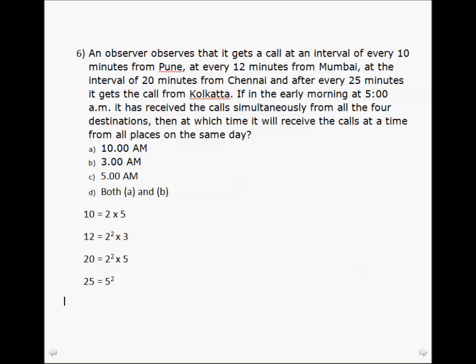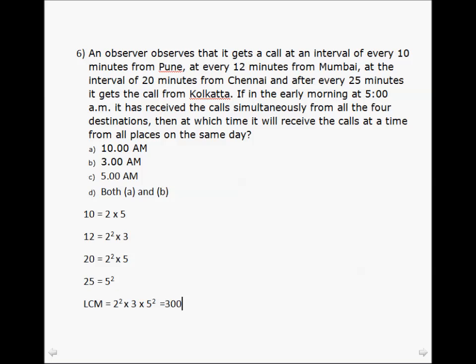LCM would be: what is the maximum power of 2? It is 2. What is the maximum power of 3? It is 1. What is the maximum power of 5? Square, again 2. So LCM would be 300. So after every 300 minutes it would again receive a call from all the 4 destinations.